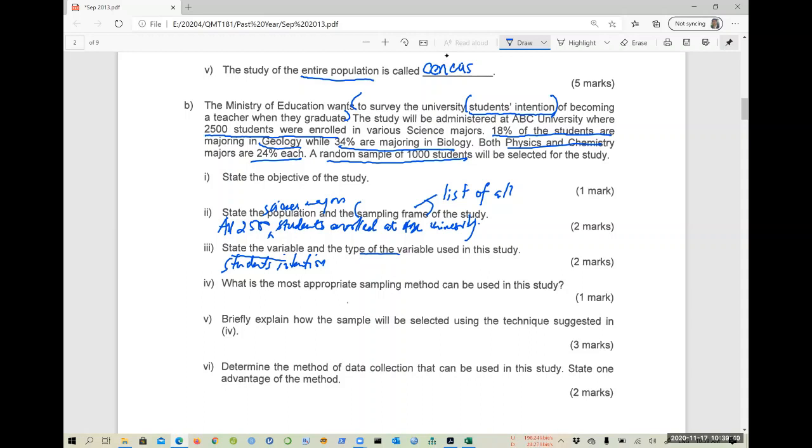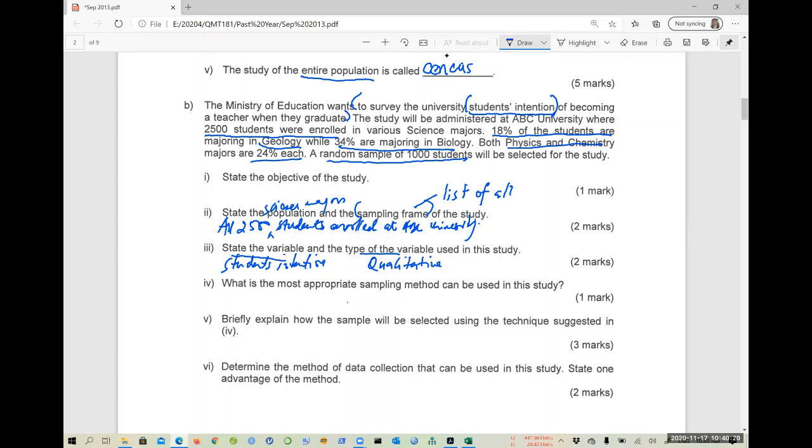Remember, qualitative is in the form of categorical or classification, and quantitative is in the form of numerical numbers. But in this situation, the response that you get from the students regarding their intention is simply either yes or no. That is a classification. So that means this is going to be a qualitative variable.